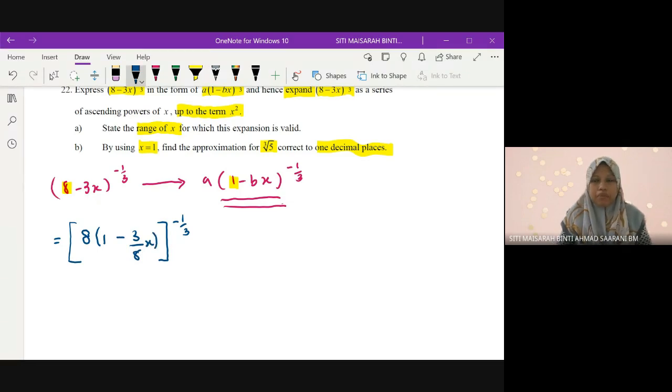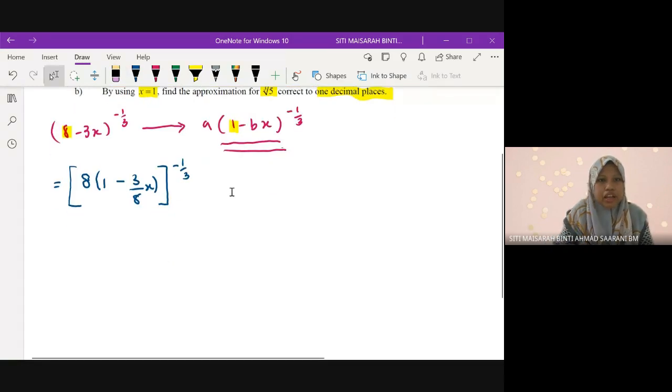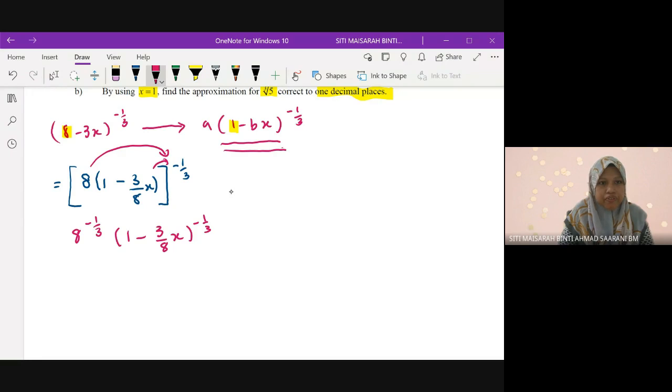Everything happens inside the close bracket. Okay. So after that, only then you open the bracket. To open it, it becomes 8 power negative 1 over 3 multiply 1 minus 3 over 8x power negative 1 over 3.